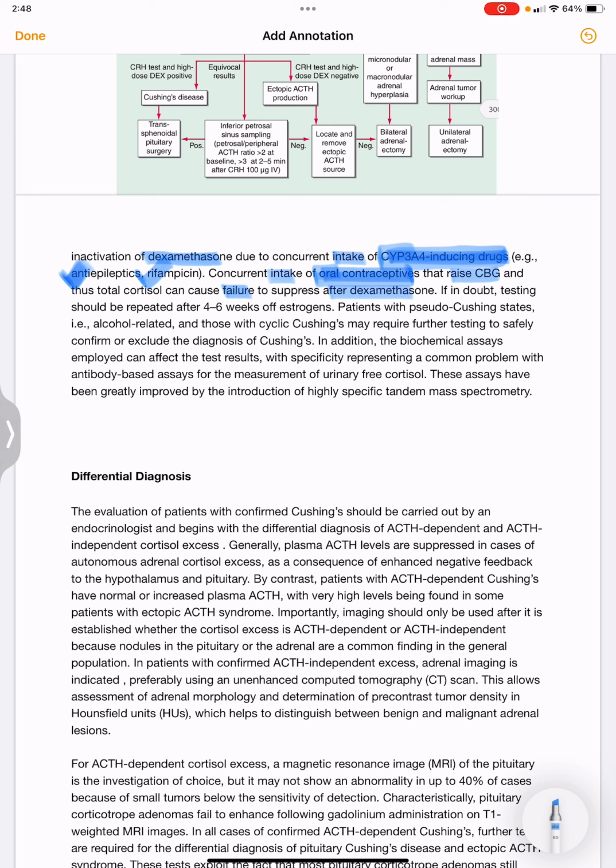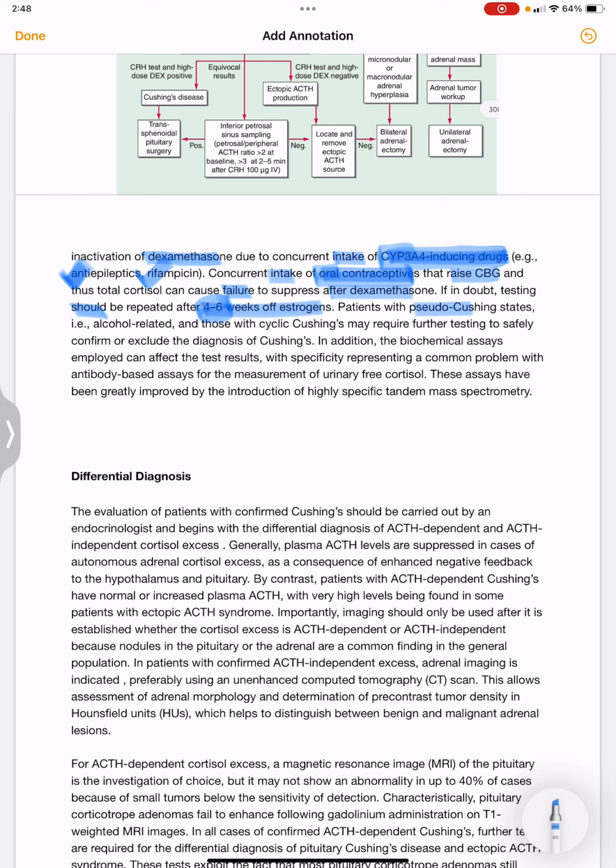If in doubt, testing should be repeated after 4 to 6 weeks off estrogens.